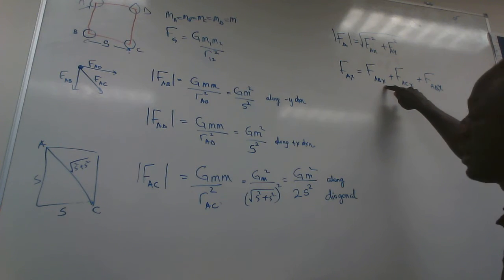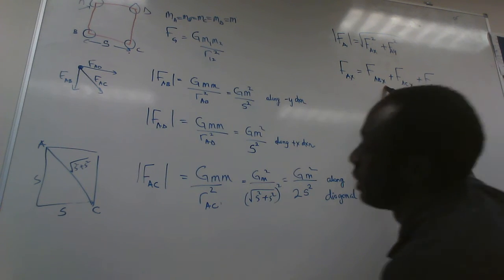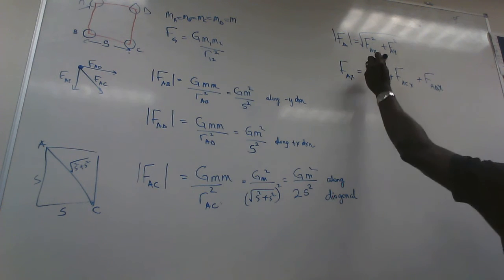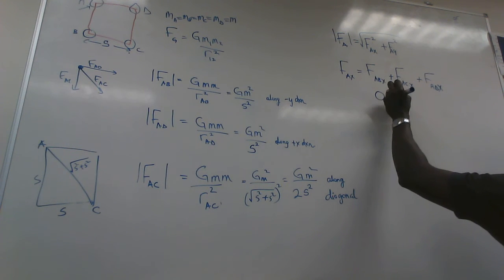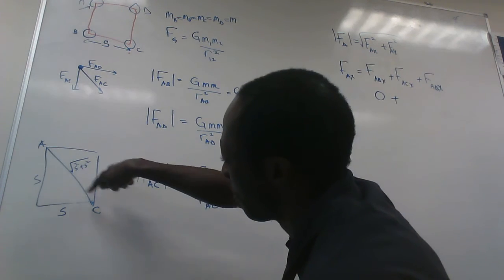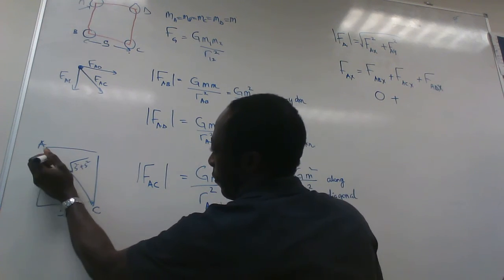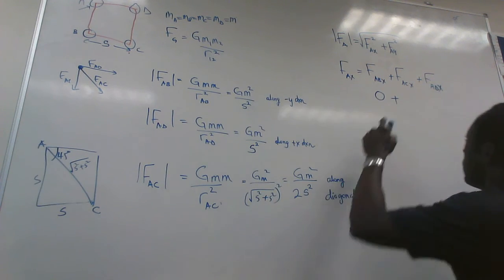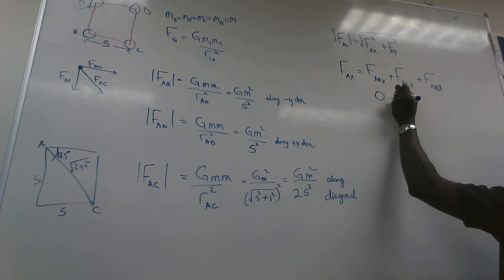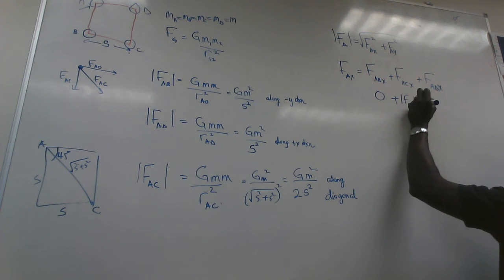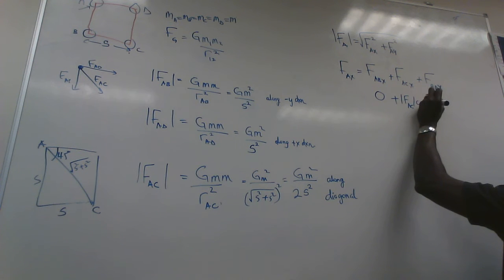To find FABX, FAB acts entirely along the y direction, so this component is 0. FAC acts at a diagonal with an angle of 45 degrees, so FACX will be equal to the magnitude of FAC times the cosine of 45 degrees.